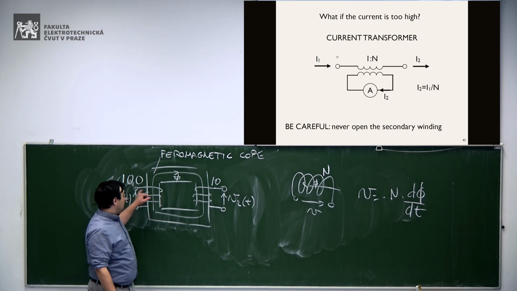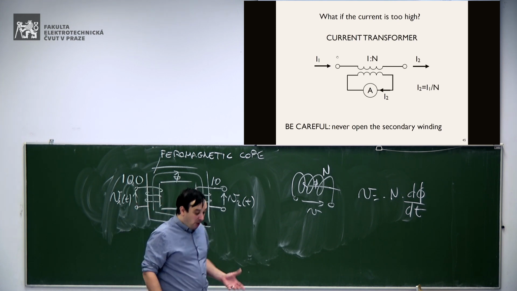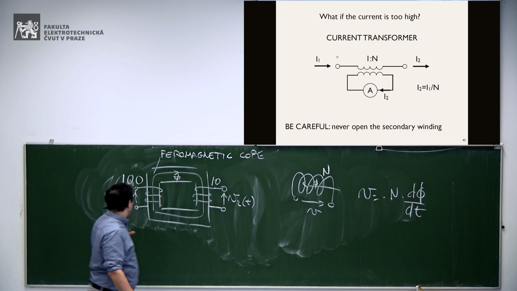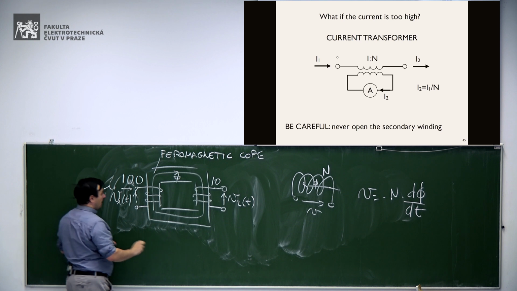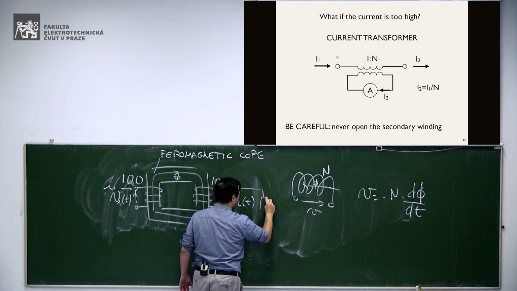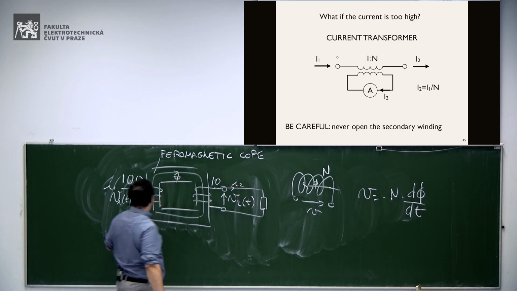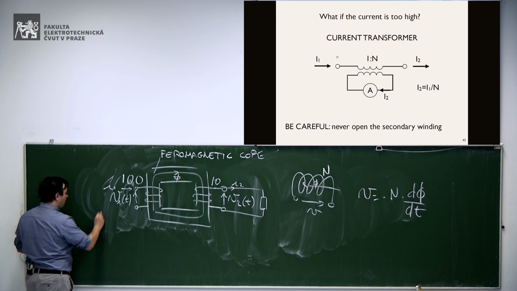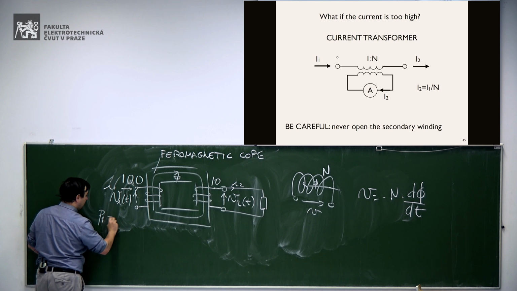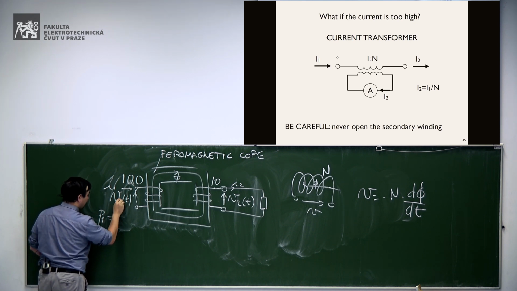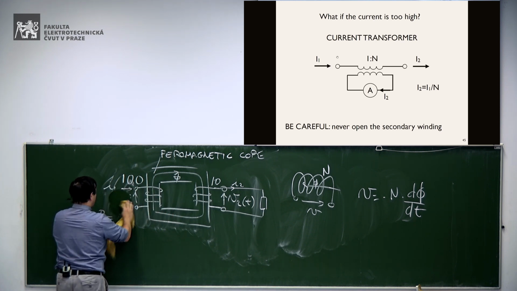If you decrease the voltage, then you increase the current, because the power ideally should be the same, okay? So if I have here the current I1, and here I have a load, therefore I get a current I2, the power in the input, P1, which is the, let me erase, because probably you cannot see very well.